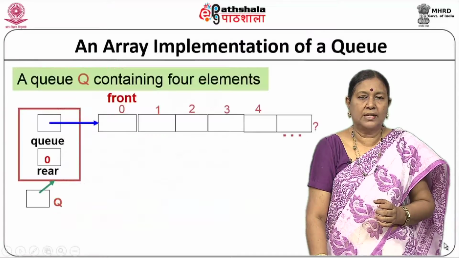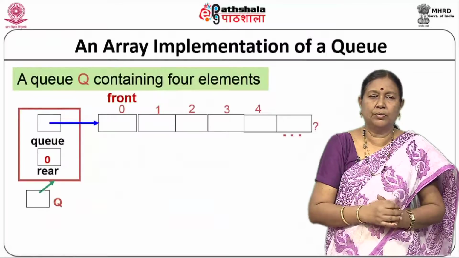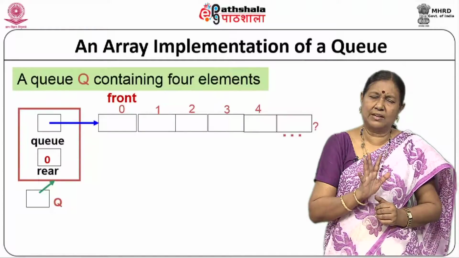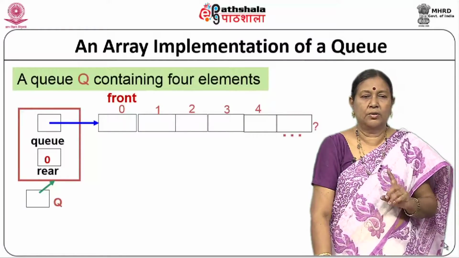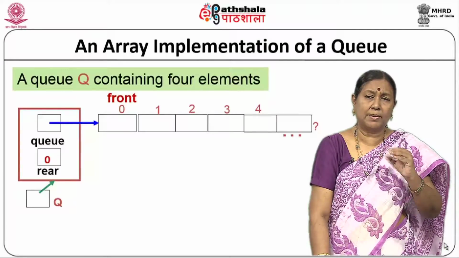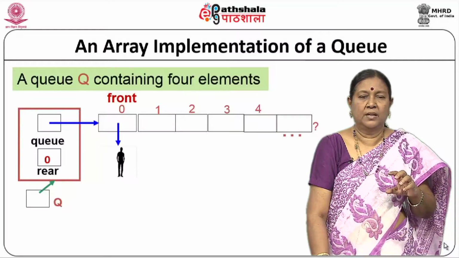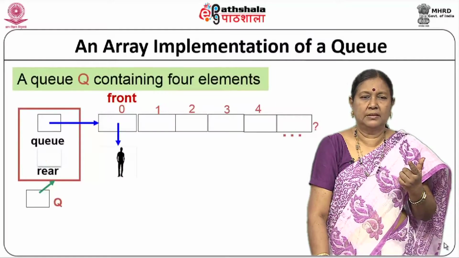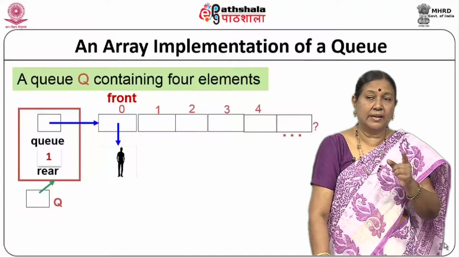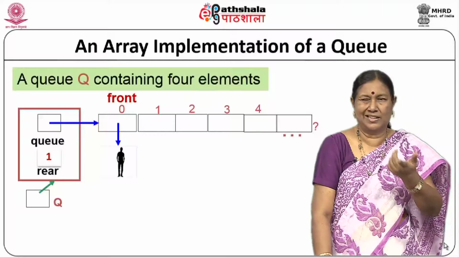Okay. So, let us look at an array implementation of a queue. This is a queue containing 4 elements. You have a queue and you have a pointer to your rear. Remember, for front I do not need a pointer, because it is always pointing to index 0. So, this is the first element. So, the rear will increase. Rear always points one position after the last element of the queue. Here there is only one element, first and last.